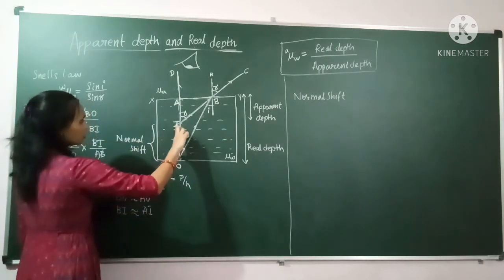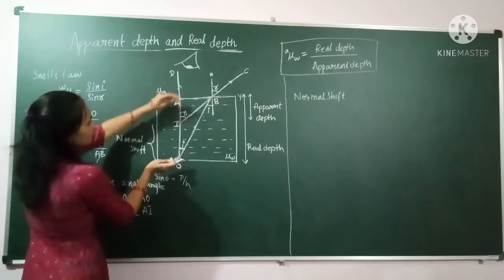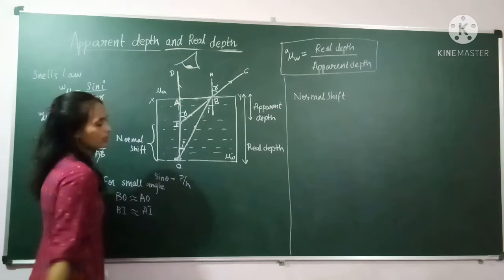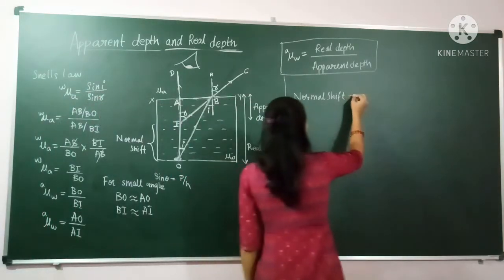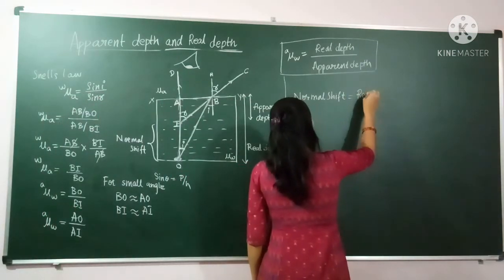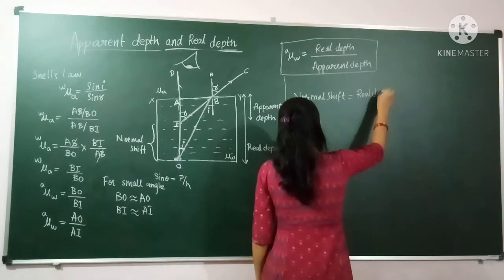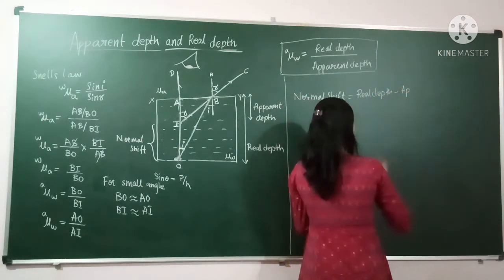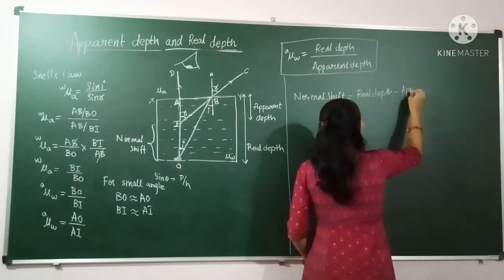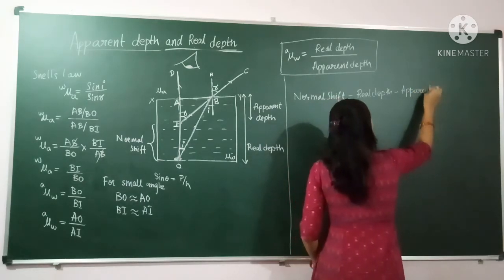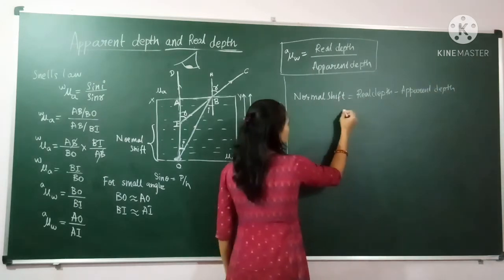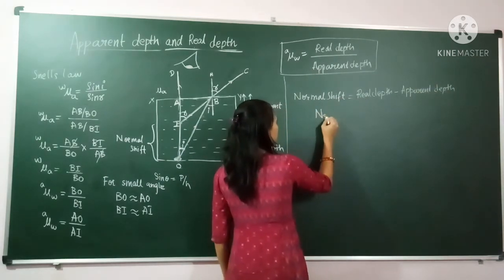To calculate it, we take this total depth minus this depth, then we will get the value. So normal shift is equal to real depth minus apparent depth.